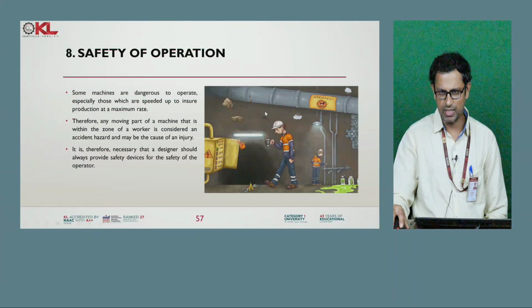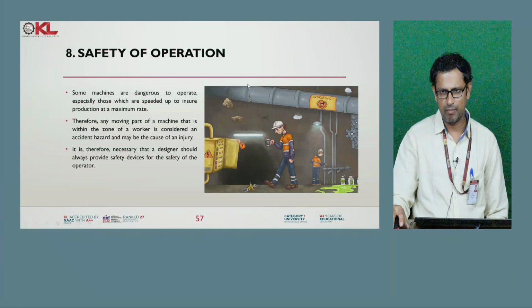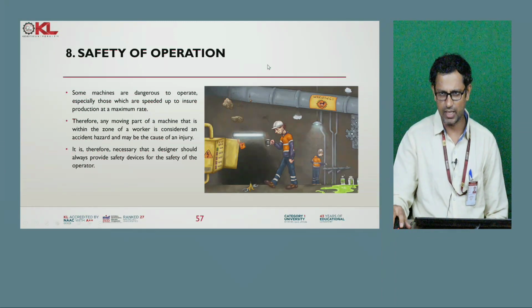The rotating parts, let us consider the rotating parts. For example, you have designed a product for 10,000 RPM, but you have not provided any housing for that component. So it cannot be called a good design, because at 10,000 RPM while rotating, it may cause some noise, or it may cause some disturbance to the other equipment or other operators, or it can cause some damage to the person who is operating.